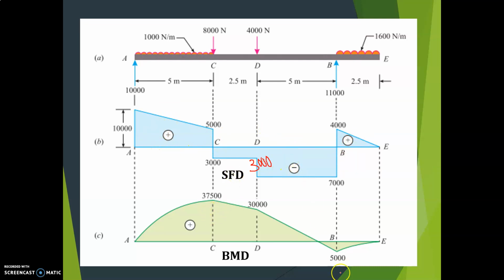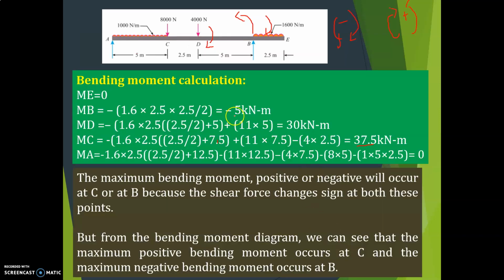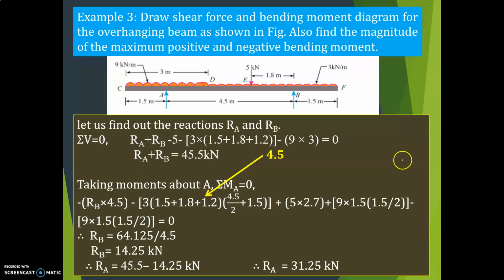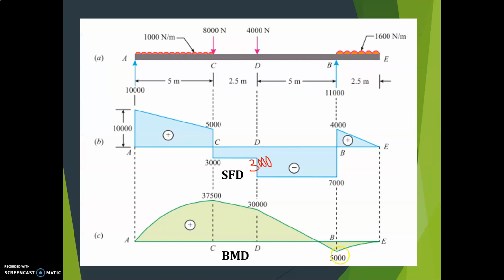Then draw the bending moment diagram. At A it is 0. At B it is minus 5. Then at D it is 30, at C 37.5, and then 0. So 30 is above the line, then 37.5, then again at A it is 0. Draw this in a parabolic shape.